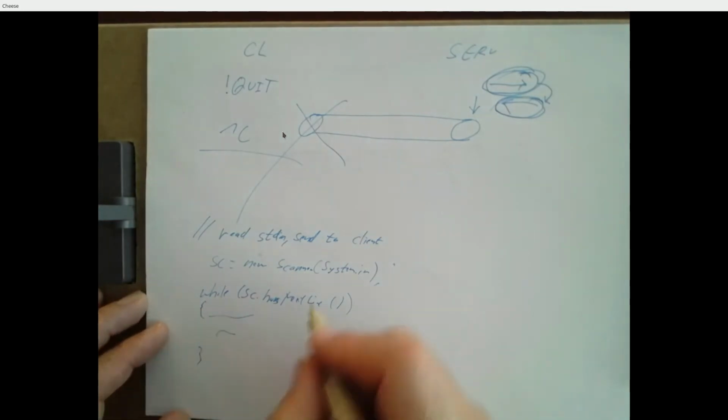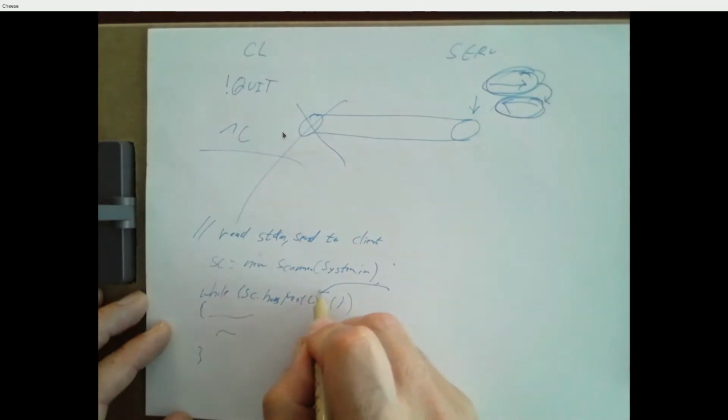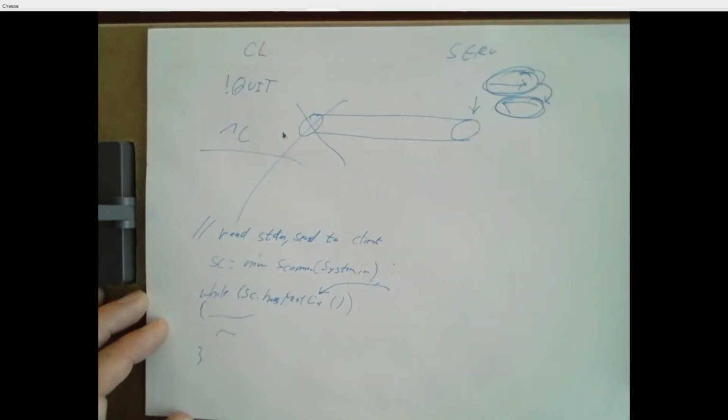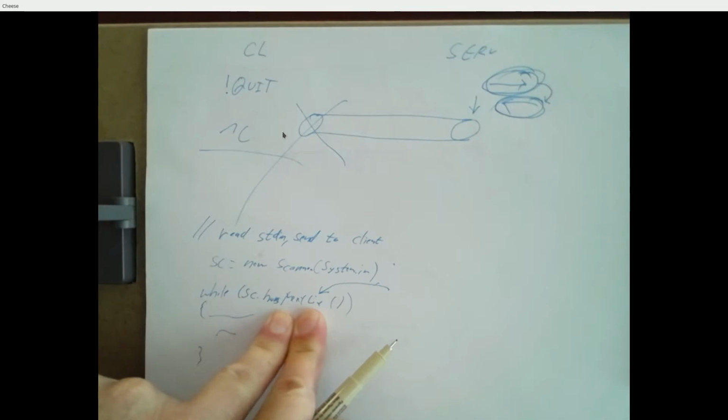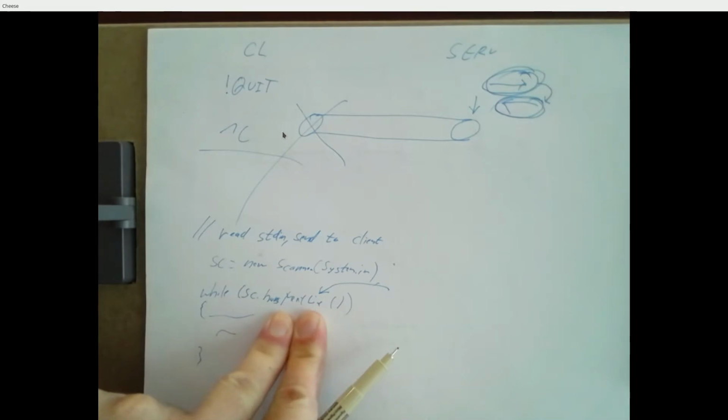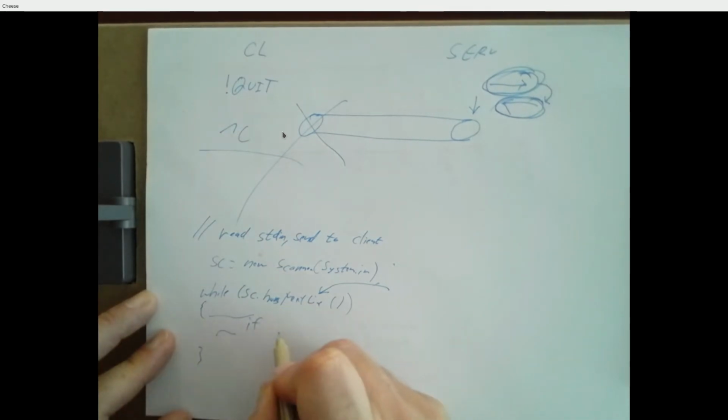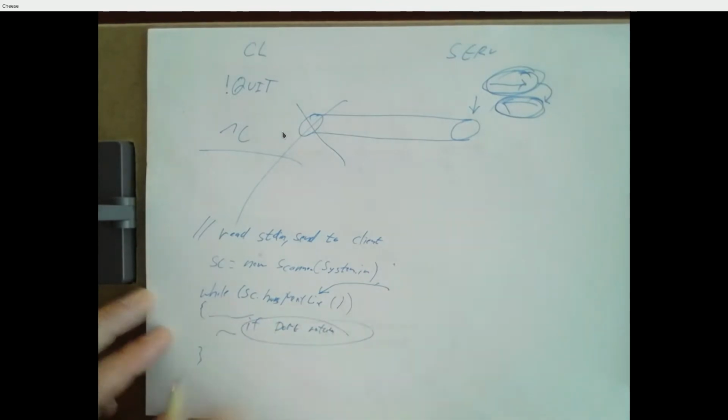Well, the problem is most of the time this thread is sitting inside this hasNextLine method. It's waiting for the user to hit the enter key. And if you want to terminate this thread while it's sitting inside hasNextLine, it's pretty hard to do. Because in here we can say, you know, if done, then return. But you've got to get that line of code to execute somehow.